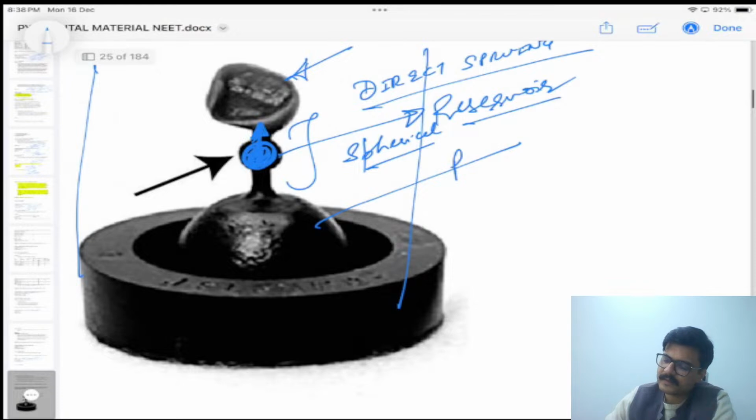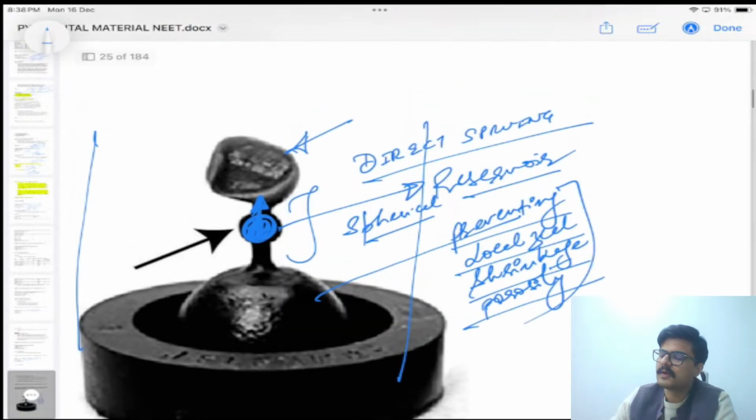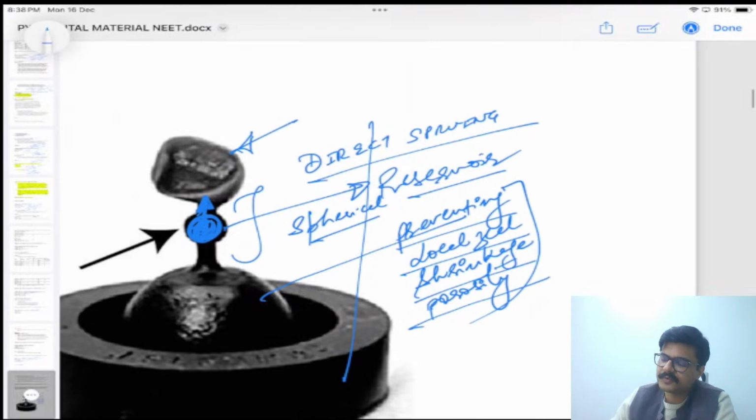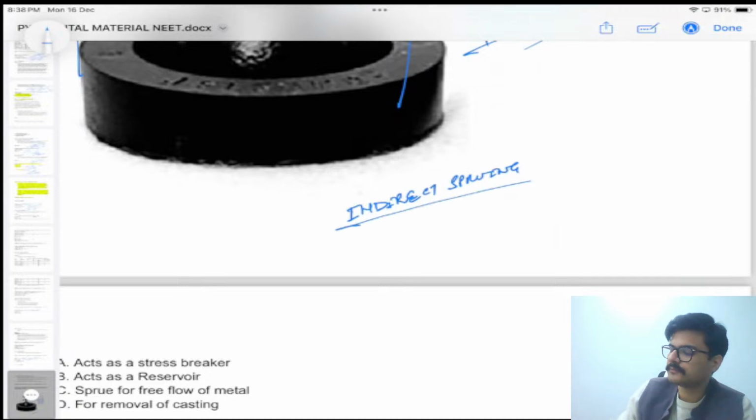So this is preventing localized shrinkage porosity, guys. So all these are possible MCQs that can come from here. Obviously, you have another MCQ that can come from here, and that is the example of indirect sprueing. So what if I have multiple wax patterns, right?